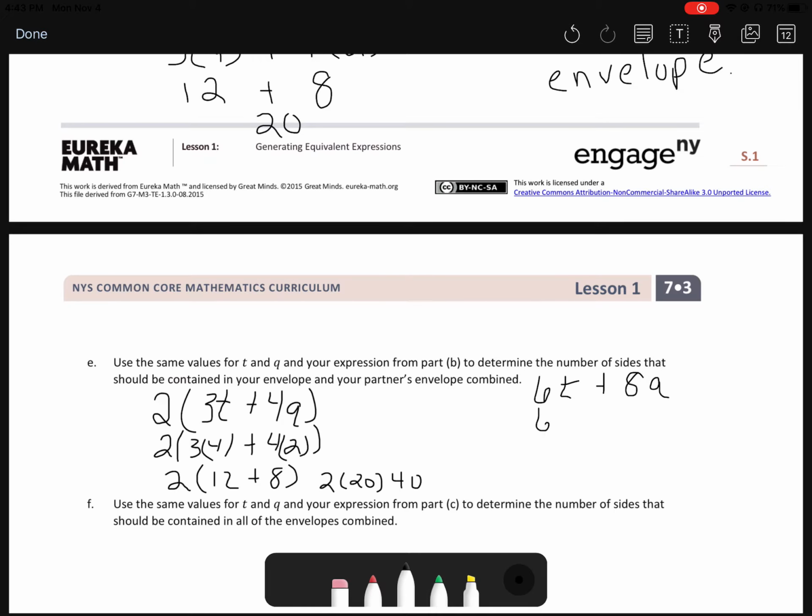I'm going to plug in my 4 for triangles and my 2 for quadrilaterals. 6 times 4 is 24. 8 times 2 is 16. 40. It also equals 40. Together, we have 40 sides.